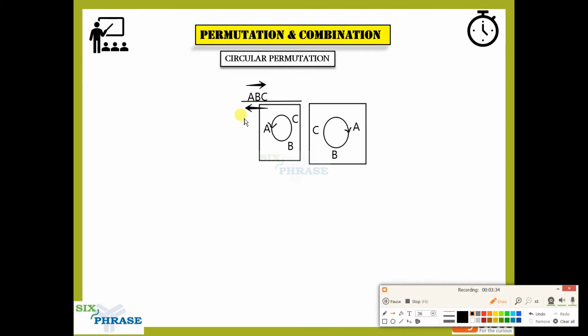They are two different permutations. Similarly, if you go in the clockwise direction, you are getting CBA. If you go in the anti-clockwise direction, you are getting ABC. So clockwise and anti-clockwise are two different permutations.